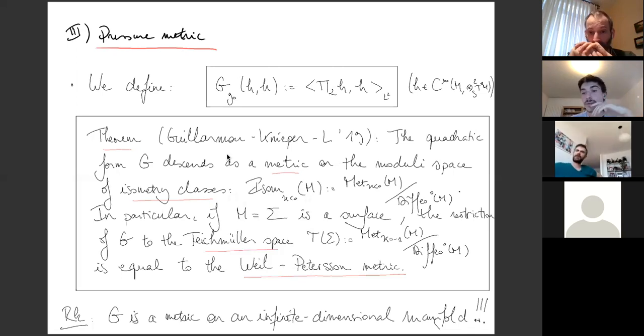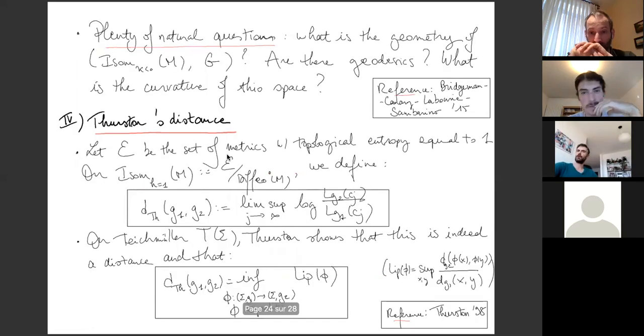And do you have some kind of flow like the Weil-Petersson geodesic flow? I don't know, because we don't even know if there are geodesics. There should be, but it's not obvious because you're in an infinite-dimensional space. The geodesic equation is a PDE, so it's no longer an ODE.